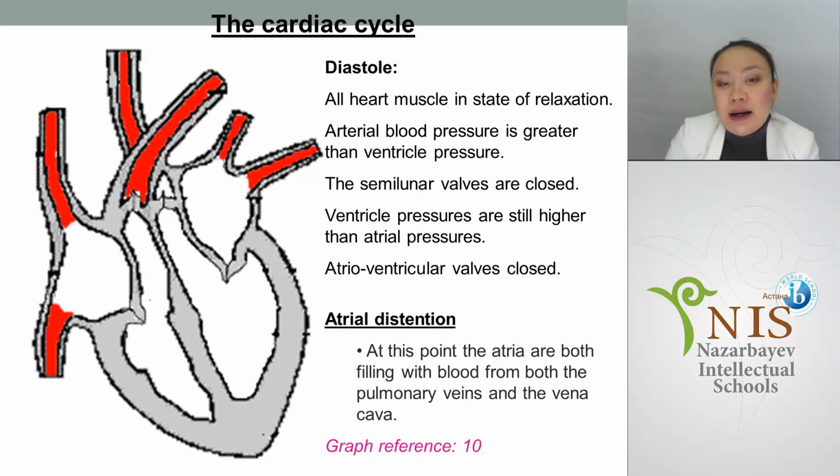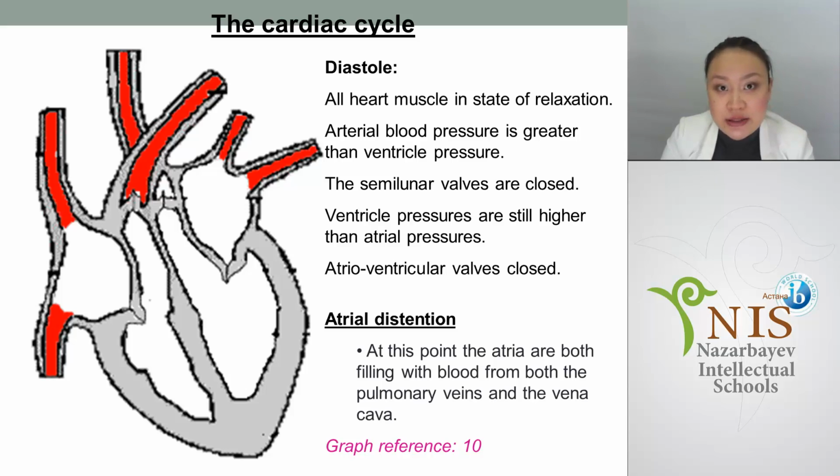And now let's look at the cardiac cycle. The cardiac cycle has main stages. First one is diastole. All heart muscle is in a state of relaxation. Arterial blood pressure is greater than ventricular pressure.